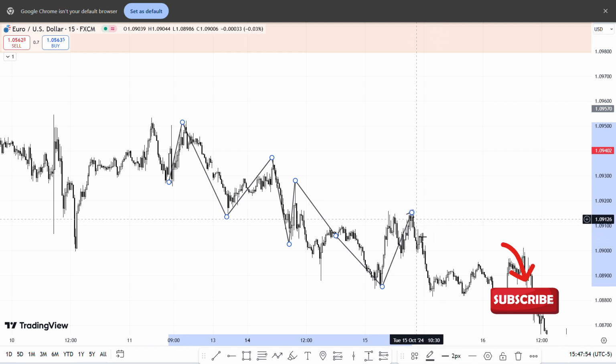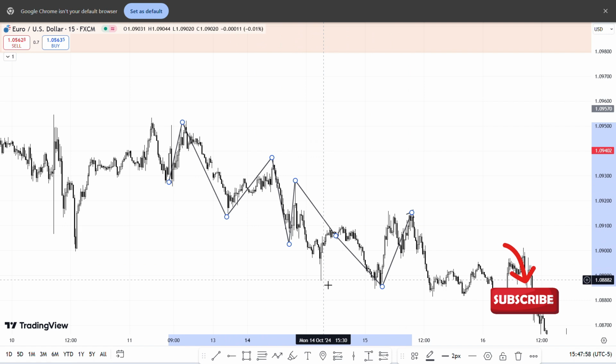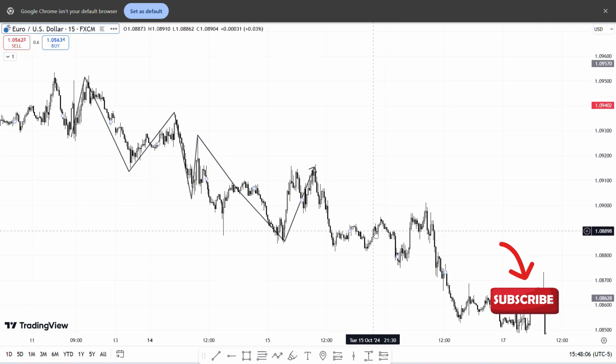So you can see it. Although this is a lower low, this low is lower than this low and this low. Because of this substructure, I will choose this, and then the market is still in a downtrend on the lower time frame.